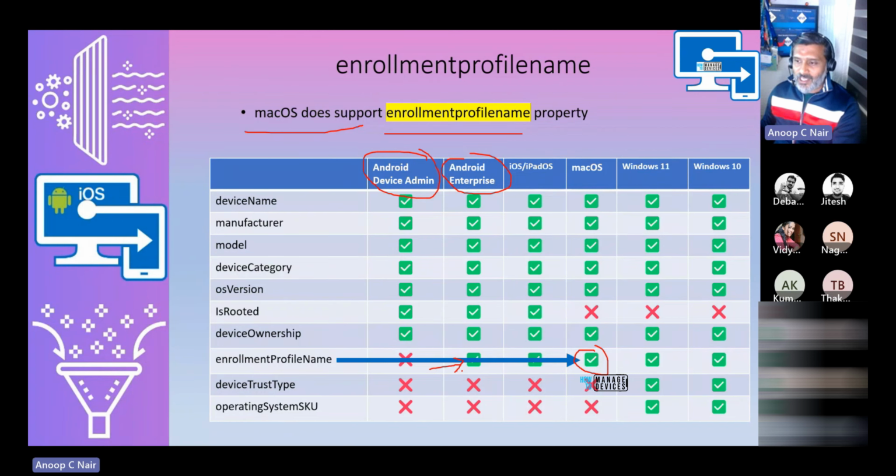Enrollment profile name is supported only for Android Enterprise, not for Android Device Admin scenario. Device trust type is only supported for Windows devices, not other devices, because it is talking about Azure AD join and domain join. We don't have anything called Azure AD join or domain join for iOS and Android device, obviously. So that is why it is not there.